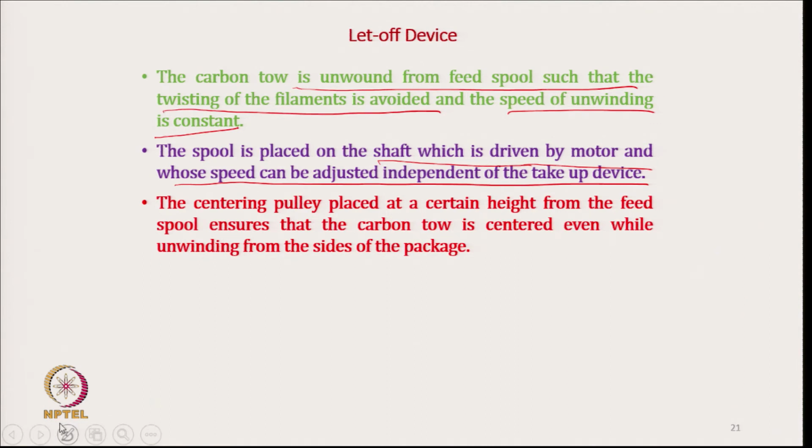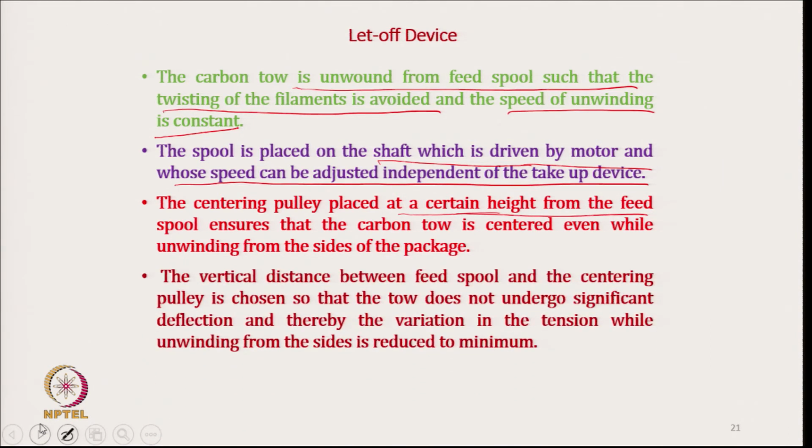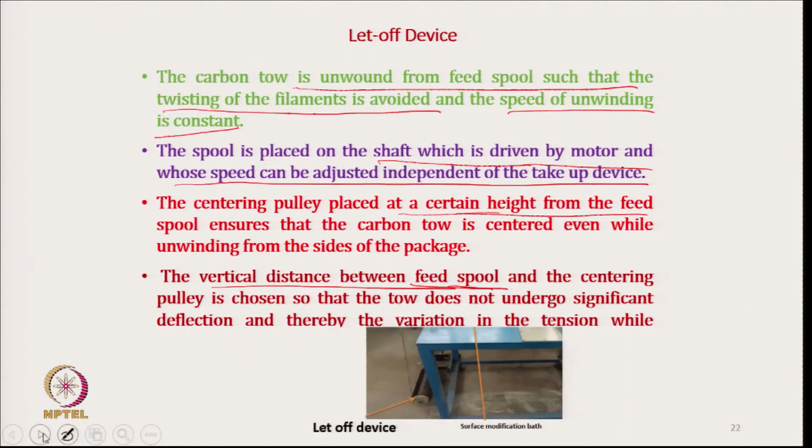The centering pulley is placed at a certain height as already mentioned. The vertical distance between the feed spool and the centering device is selected in such a fashion as to minimize the unwinding tension variation. Okay.